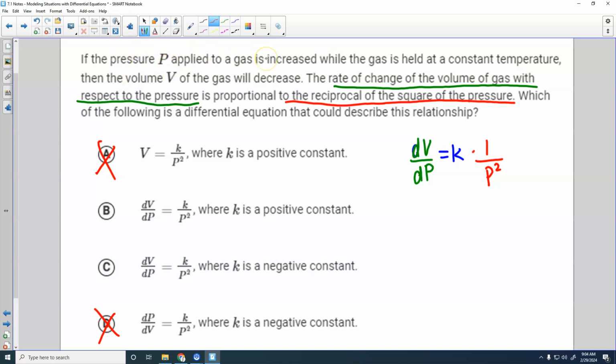Pressure is applied to the gas, the volume will decrease. So the rate at which the volume changes as the pressure increases: as pressure increases, volume should decrease. So maybe we'll have to go look at the key for this one. I think we've got to have negative.